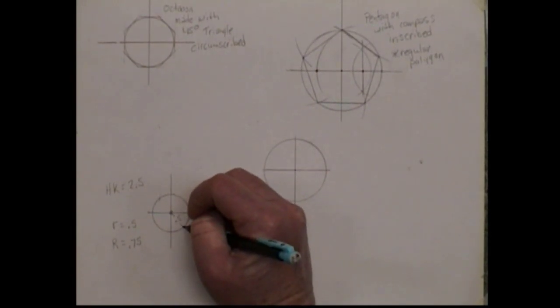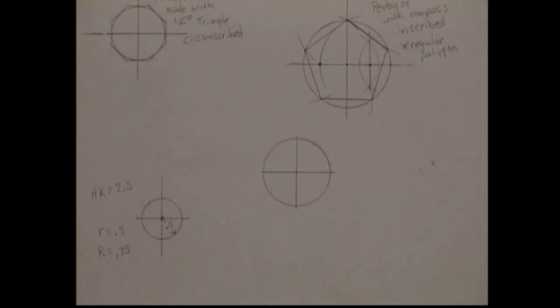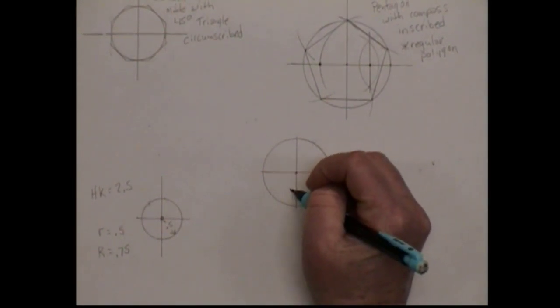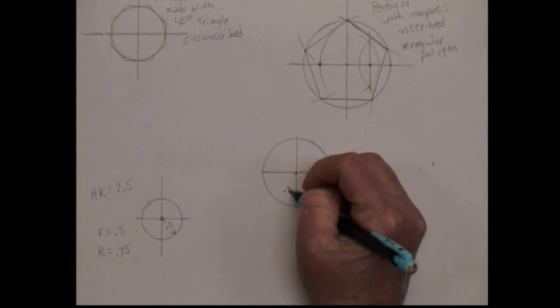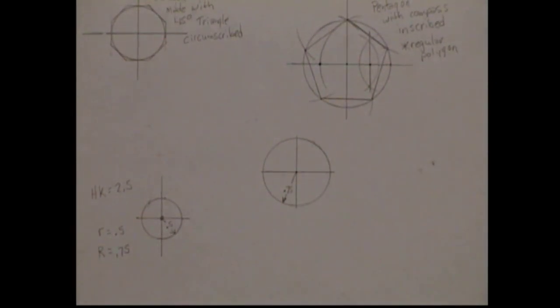So the distance from the center to the outside of the circle is 0.5. Everybody good with that? Because we know what the definition of radius is. And we're going to say the center here to the outside of the circle is 0.75, correct? Because that's the definition of radius.